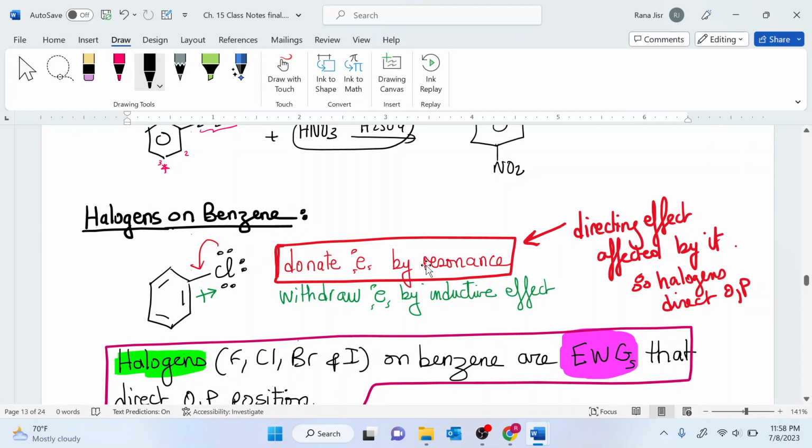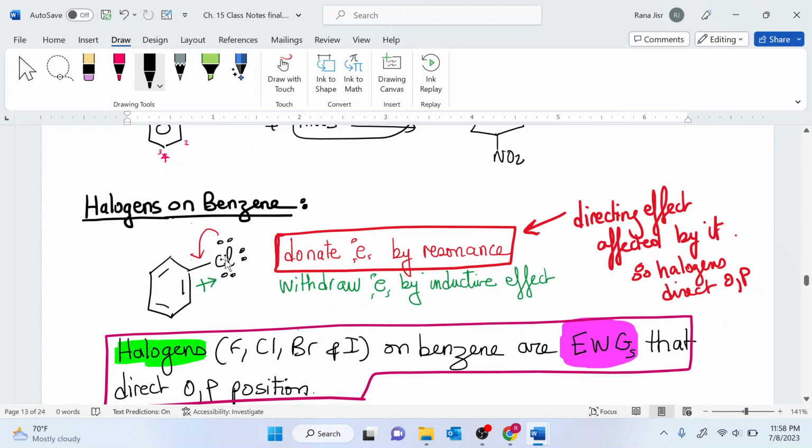They donate electrons by resonance, and they withdraw electrons by inductive effect. Their withdrawing outweighs the donation of electrons by resonance. This is why halogens are considered to be electron withdrawing groups. However, halogens do direct the ortho and the para position.